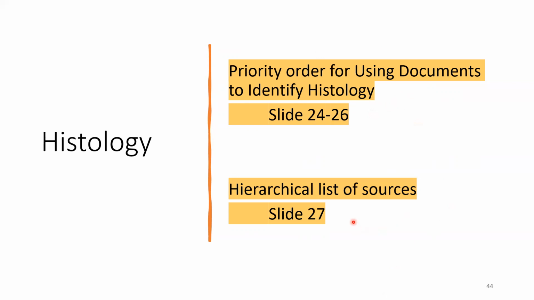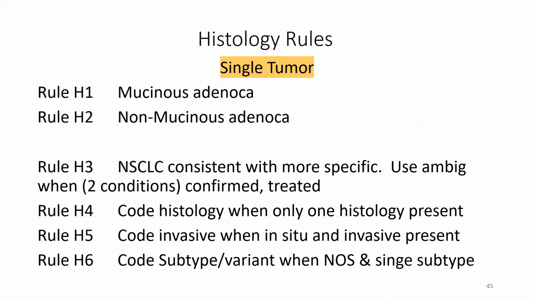So I'm not going to go over those again. Let's move right into the histology rules. And all of the single tumor rules, if you paired them up with the multiple tumor rules for histology, they pretty much match up except for one or two.